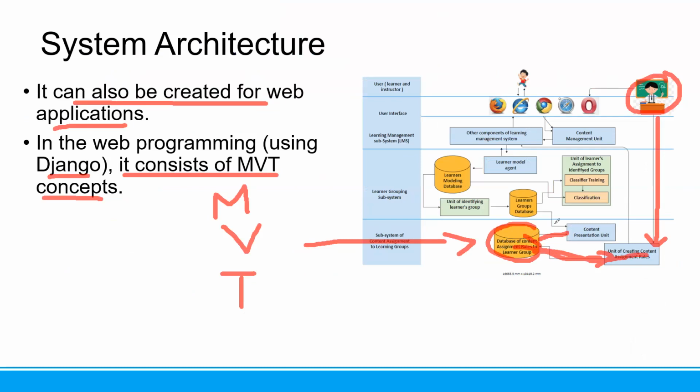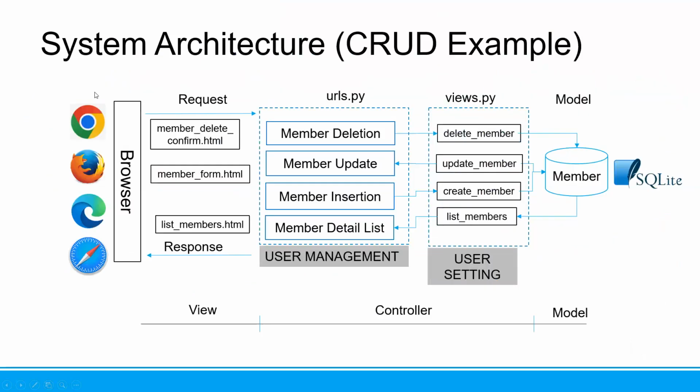And if the user, maybe the students, connect to the web, and whenever he accesses something, then it will show the content. And then the content will show some other components, and the other components will connect to the learner model agent. Maybe this one will connect to the database and so on. So this is one example about the system architecture.